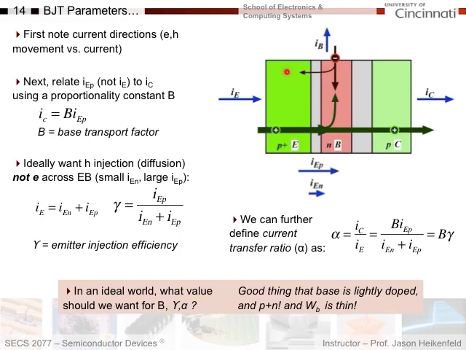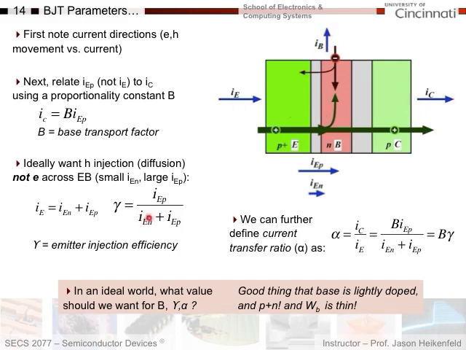It is calculated as IEP, how many holes are injected across, divided by the total current: the holes injected across plus the electrons injected this way. So ideally, I would like no electrons coming this way, because the smaller this current is, the smaller my base current, the larger my amplification of base current into collector and emitter current, right?